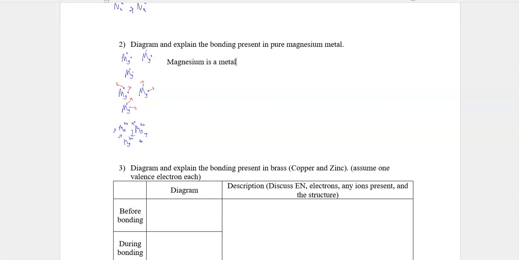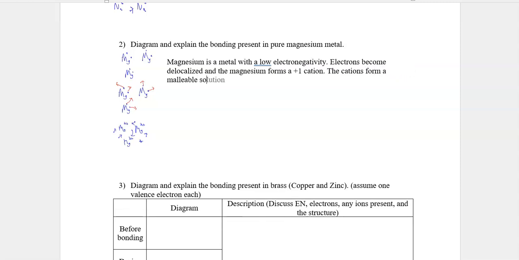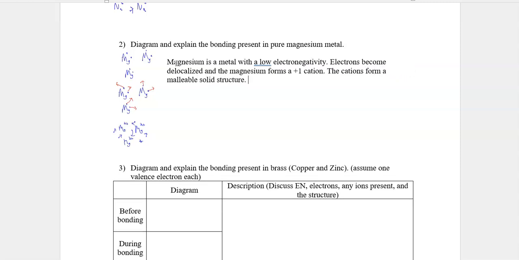Magnesium is a metal with a low electronegativity. Electrons become delocalized, and the magnesium forms a +2 cation. The cations form a malleable solid structure.